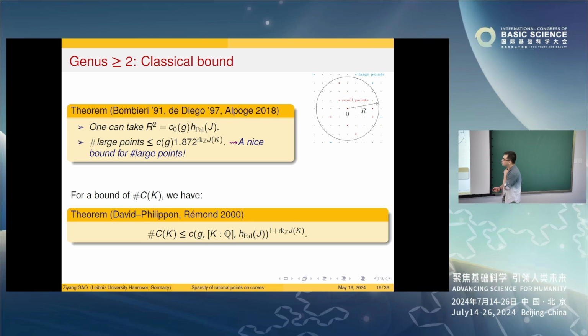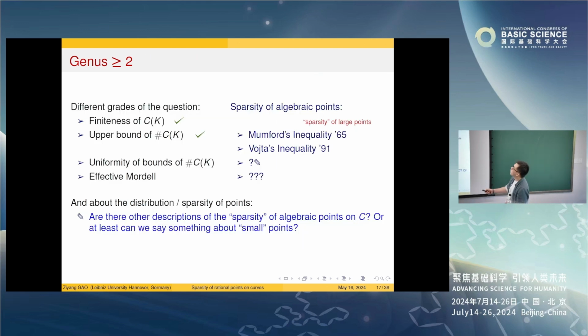And to get the bound of Coleman, we need to study also the small points. By David-Philippon and Rémond, there is an explicit upper bound depending on four numbers: the genus, the degree, the Faltings height, and the rank. So far, we see that we have both the finiteness and the upper bound.